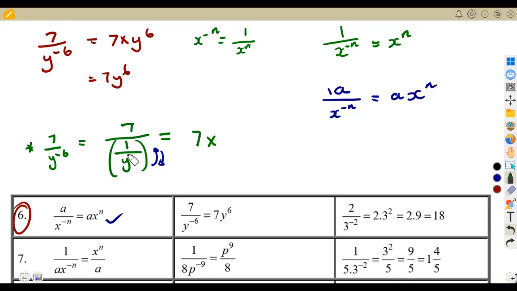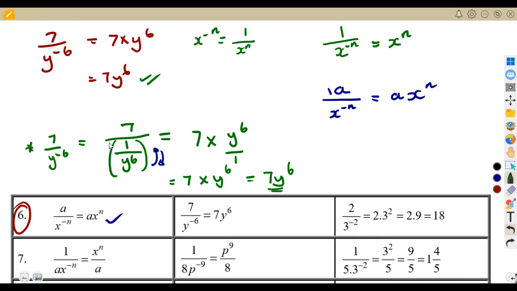So this is going to be y to the exponent of 6 on top over 1. Remember, anything that is being divided by 1 remains as it is. So that means you're going to have 7 times y to the exponent of 6, which is 7y to the exponent of 6, which is the same answer that we have here.